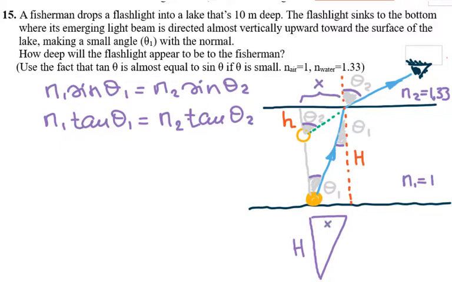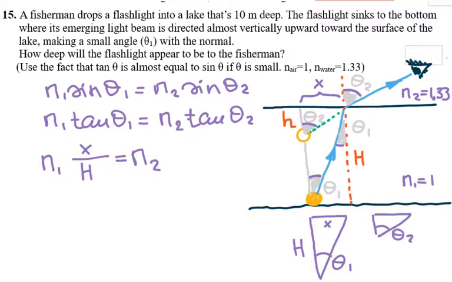So if this is x and this is θ1, then the tangent is x over the capital H. So I have n1 times x over capital H. And then I have n2, and I'm going to draw the little triangle right here. This is θ2, this is still x, and this is the lowercase h where the image appears. So for tangent I have x over the lowercase h.